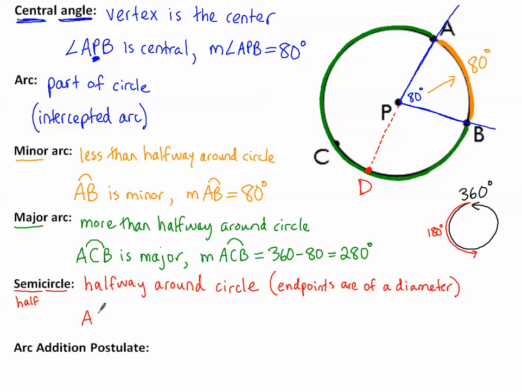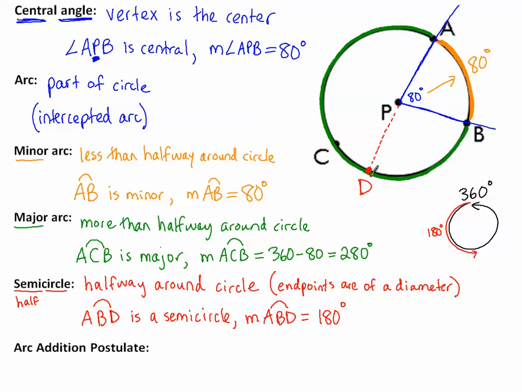So I could say arc ABD, or I could just say arc AD. So arc ABD is a semicircle, and the measure of arc ABD is 180 degrees because that's exactly halfway around the circle.